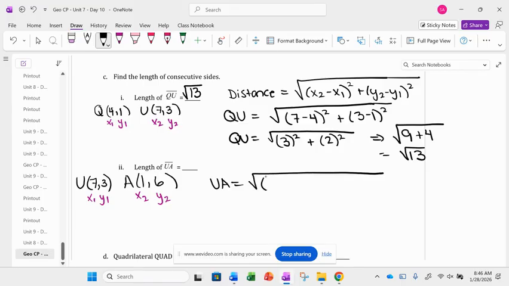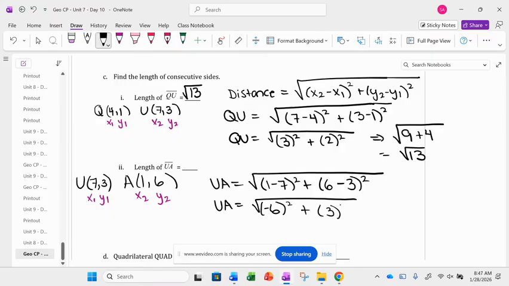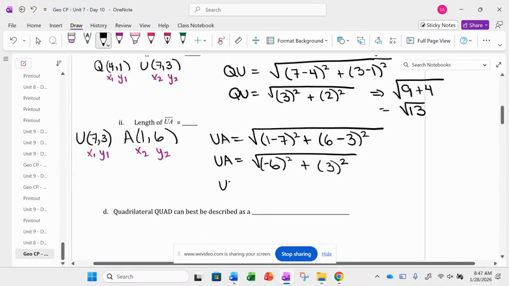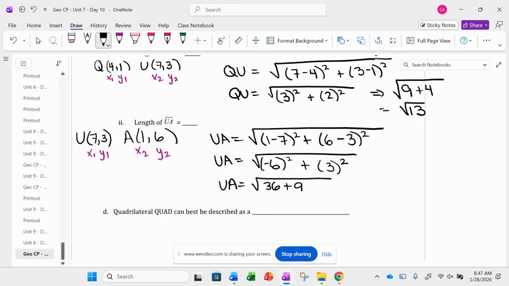So we have x2, which is 1, minus x1, which is 7. And then in the next parenthesis, it's y2, which is 6, minus y1, which is 3, and both quantities are squared. So we're going to have 1 minus 7 is a negative 6, and then 6 minus 3 is 3. Negative 6 squared is 36. 3 squared is 9.